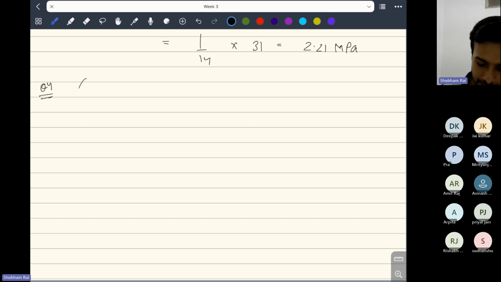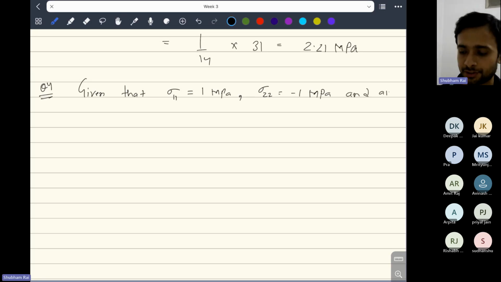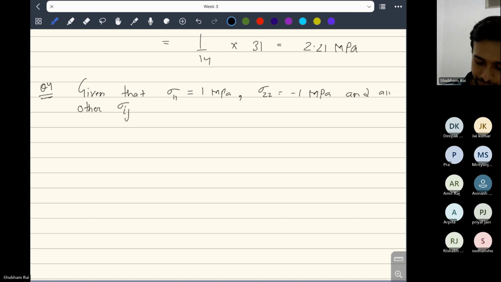This says, let's say you are given that sigma 11 is equal to 1 megapascal, and sigma 22 is equal to minus 1 megapascal, and all other stress components are 0 at a particular point.